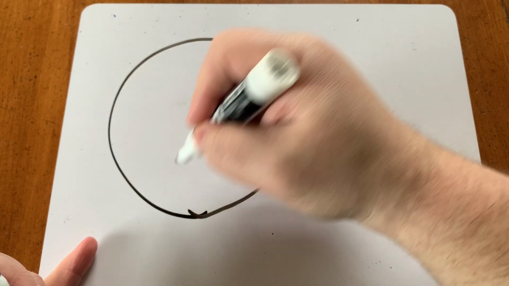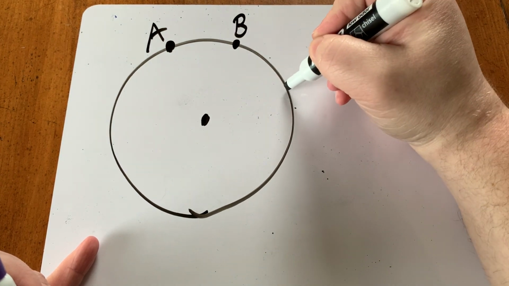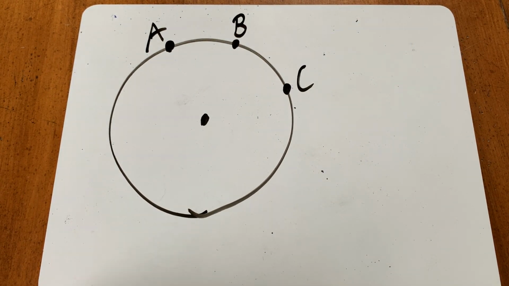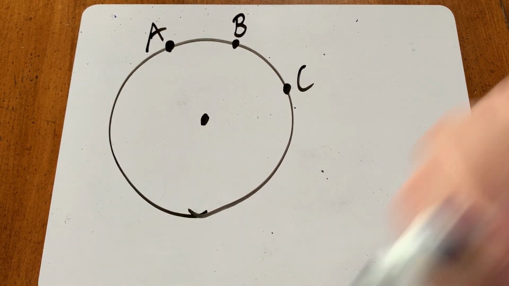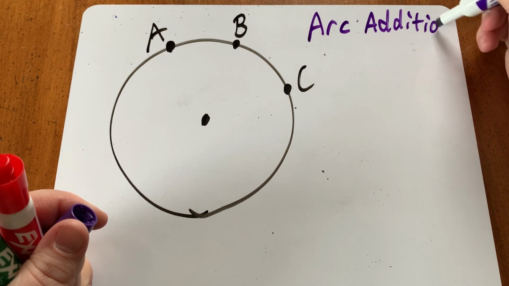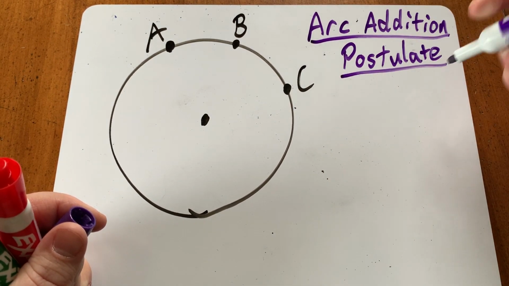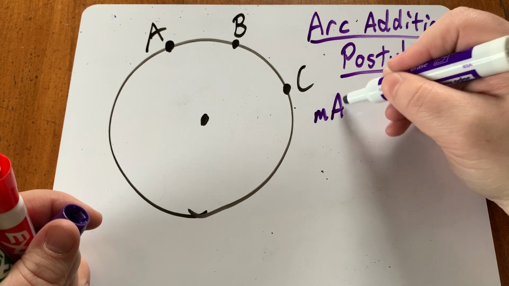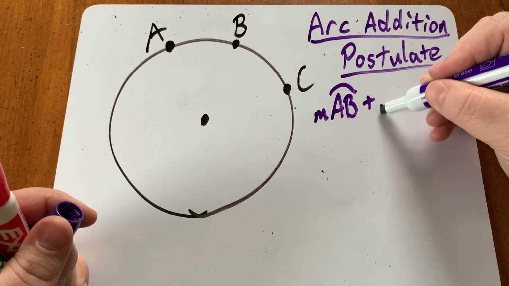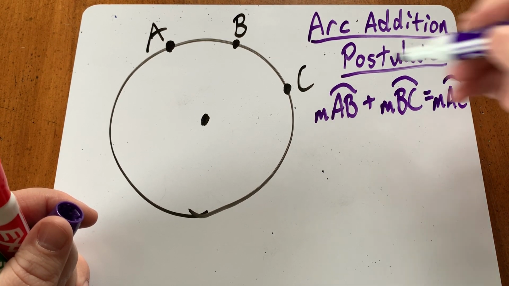If we have a circle, and we have 2 arcs on the circle, and those 2 arcs are adjacent, we can have an arc addition postulate, which says that the measure of the 2 adjacent arcs is equal to the measure of the larger arc they form.